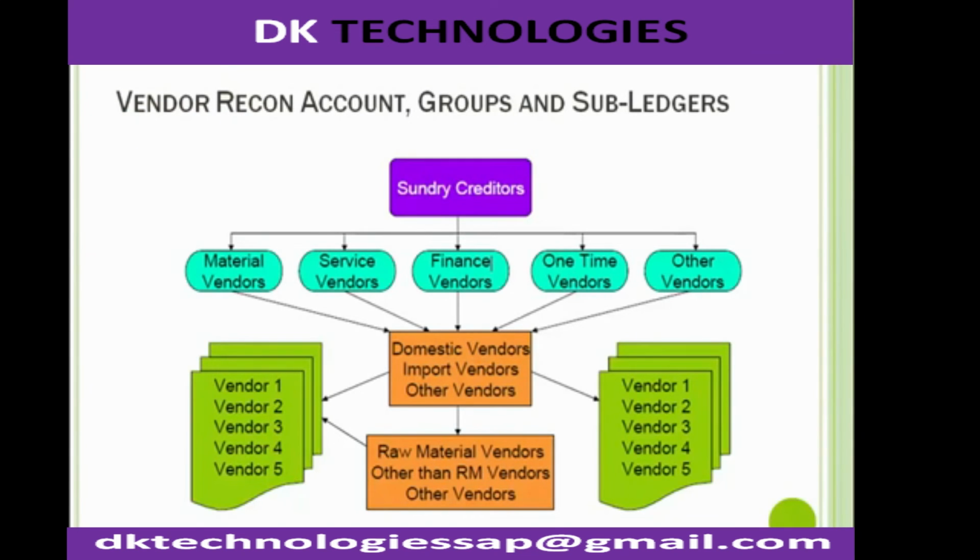As you can see over here, these are different vendor groups, which is in the yellow part, and these are different vendors. Now in the orange part, these are termed as the reconciliation account. You create reconciliation ledger accounts such as domestic, import vendor, or other vendors, raw material, other than raw material, and you assign those ledgers in these vendor masters on the green part.